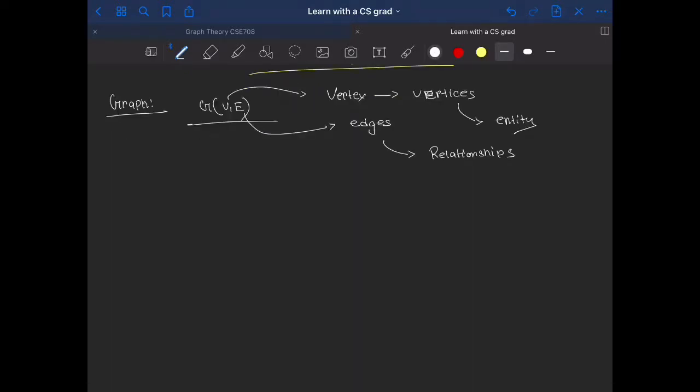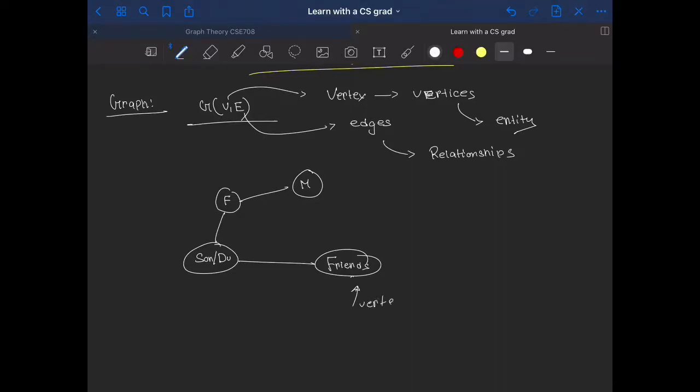For example, you can think of it this way: this is your father, and he's connected with his mother, and he's also connected with you, the son or the daughter, and you're connected to your friends. These are the vertices, this is the relationship, so this is the edge. The whole thing is a graph.